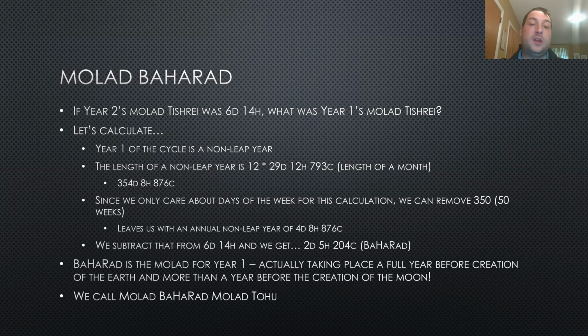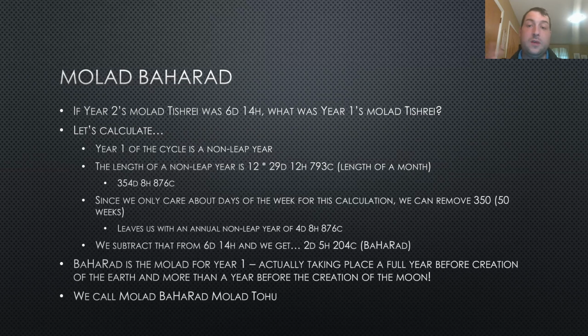That leaves us with an annual shift of 4 days, 8 hours, and 876 chalakim relative to the next year. So we subtract that from 6 days and 14 hours, which was the molad Tishrei of year 2, and the molad Tishrei of year 1 was 2 days, 5 hours, and 204 chalakim.